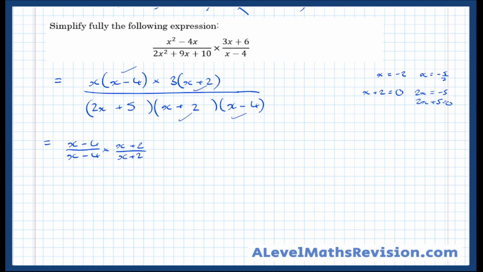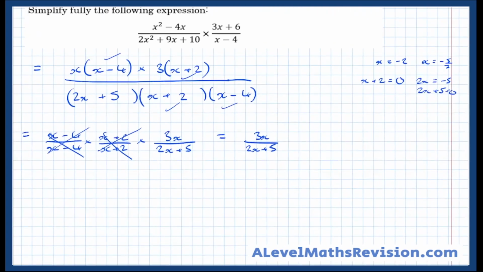That's that one used, that's that one used. Then we've got just x and 3 on top, so 3x over 2x plus 5. And that's 1, equaling 3x over 2x plus 5. And that's that one done.